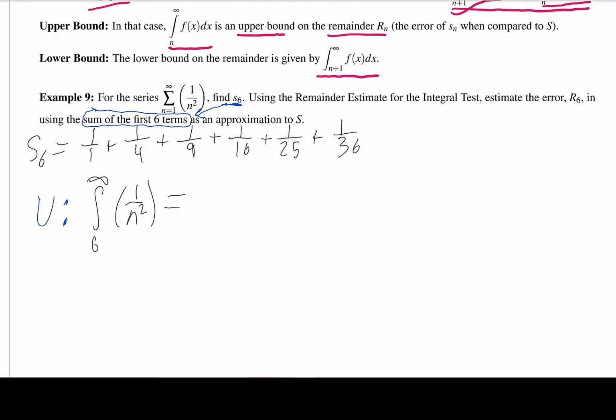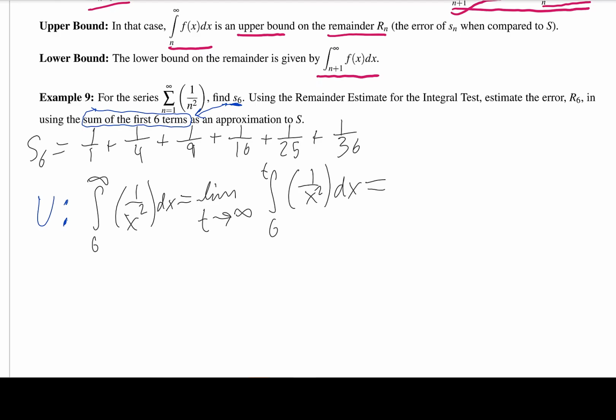So we'll get that this is going to be the limit as, and actually I should be using x here just to keep notation somewhat the same. So this is going to be the limit as t goes to infinity of the integral from 6 to t of 1 over x squared dx.